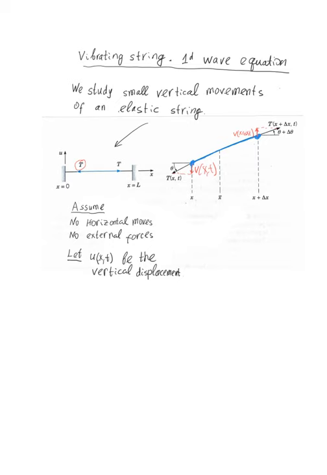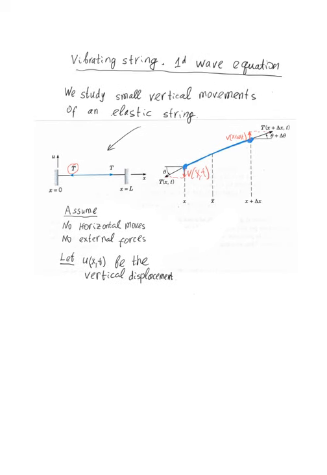Okay, now we are ready to write the Newton second law. So the total force acting on our segment of the string is going to be V of x plus delta x, t minus V of x, t.